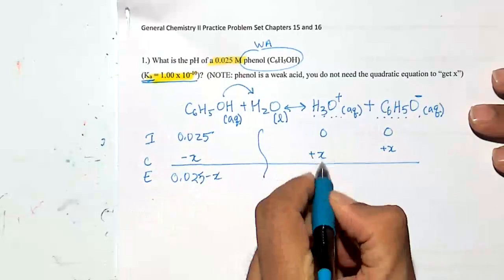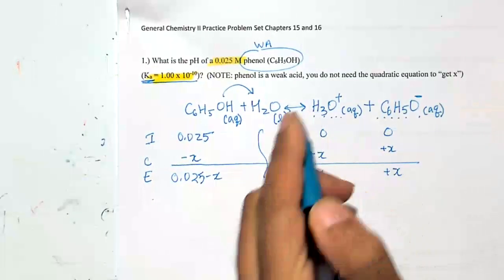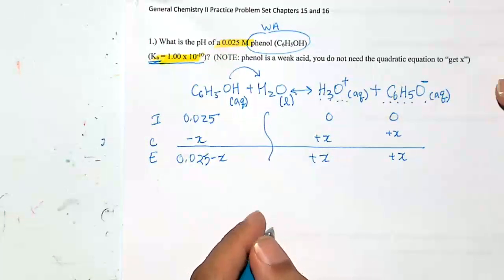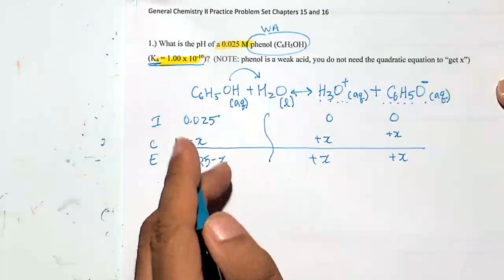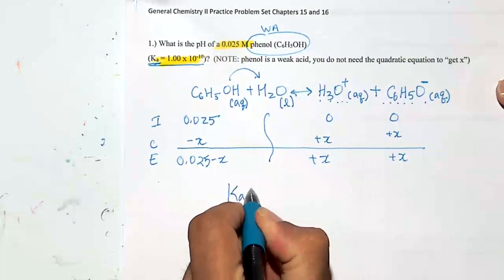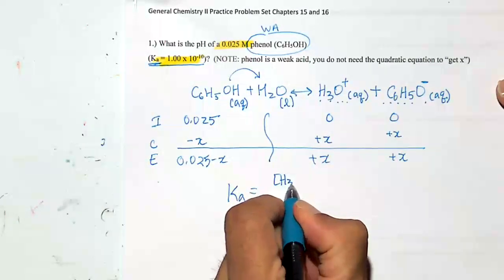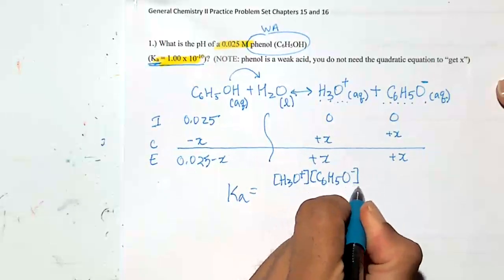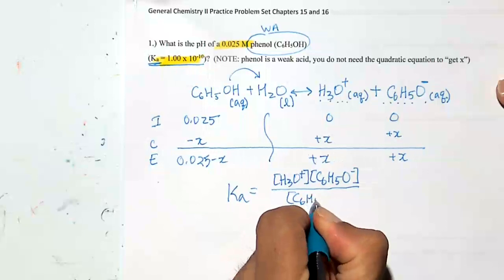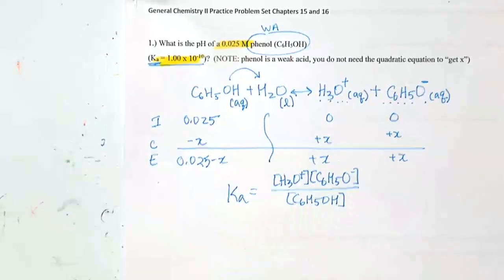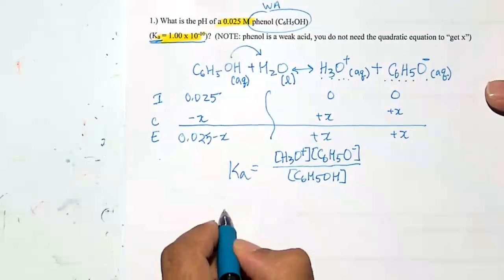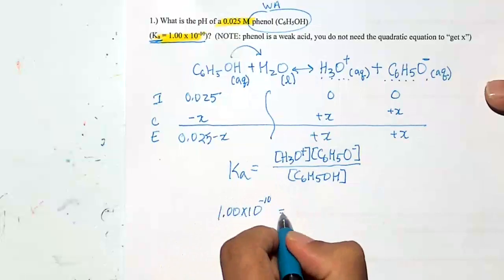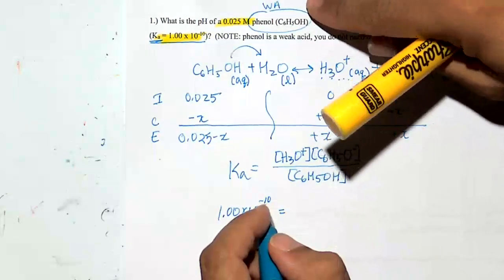At equilibrium, you'll have some formation of H3O plus, and you'll have some formation of C6H5O minus. So we'll plug that into the equilibrium expression. Do you guys remember this for the exam? Ka is equal to products over reactants. We'll plug in our numbers. Ka is 1.00 times 10 to the minus 10. I'll give you the Ka for whatever weak acid is on the exam.